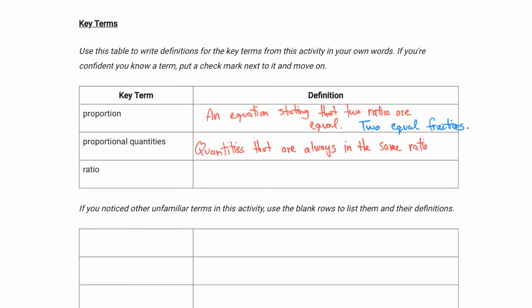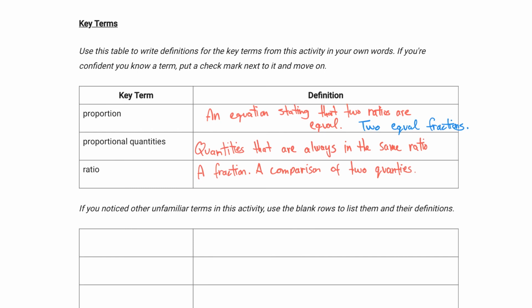And a ratio is really just a fraction. It's just a fraction. But what I should also tell you is it's a comparison that shows relative sizes. So a comparison of two quantities.